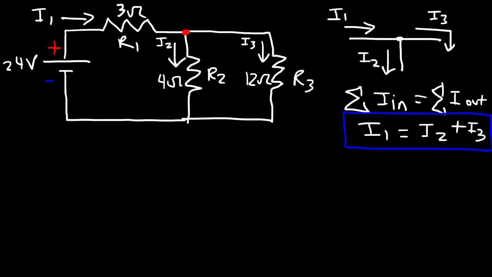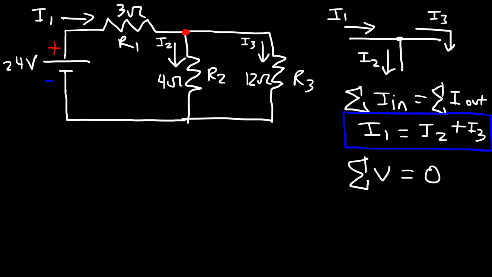Now the next thing that we need to talk about is Kirchhoff's voltage law, which is important when using the loop rule. That law states that the sum of all the voltages around a loop, or around a closed circuit, must add to 0. When going around a loop, you need to determine which elements will create a positive voltage contribution to the circuit and which will create a voltage drop, or a negative contribution.